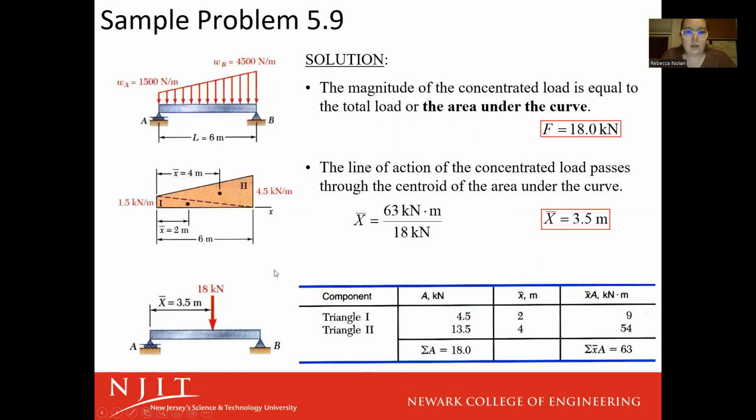So let's look at this case, where they broke it up into two triangles. We have area 1 and area 2. Area 1 has the total height of this right here and the total length of 6 meters. Remember that a triangle's centroid is 1/3 of the way from the longer edge. Right now we're only really worried about the x-axis, because that's where the force is going to act.